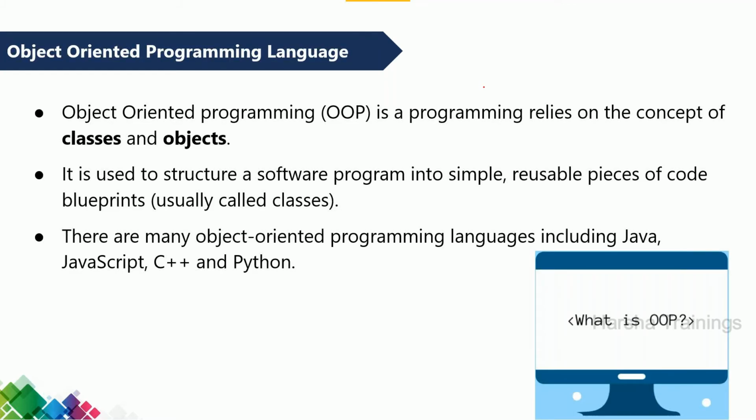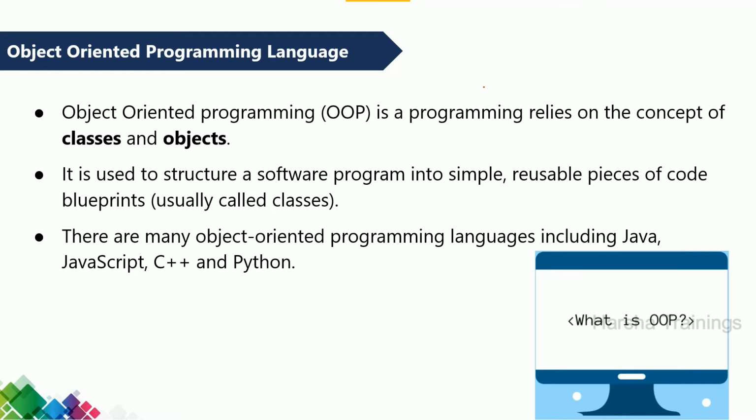Coming to object oriented programming, it is completely different. In procedure oriented, we mainly concentrate on functions or procedures. But object oriented programming mainly depends on the concept of object. What is meant by object? Any real world entity, anything that exists in the real world, is an object.